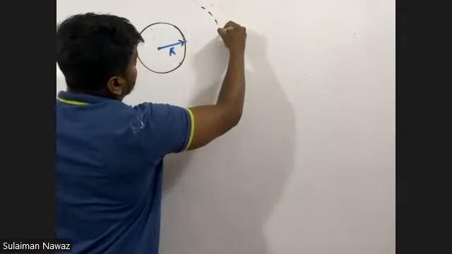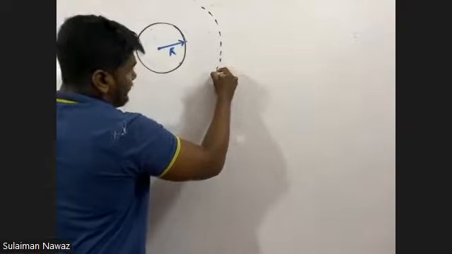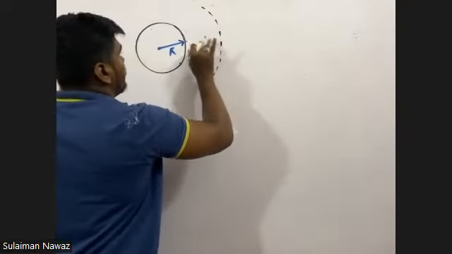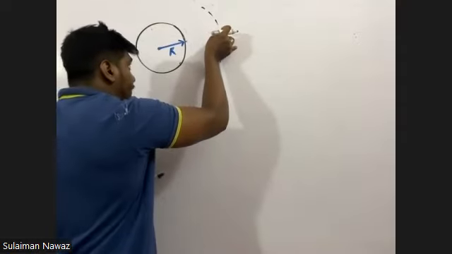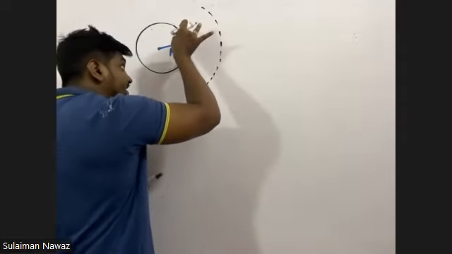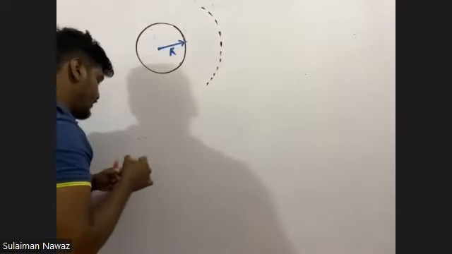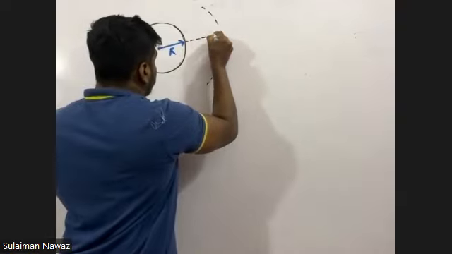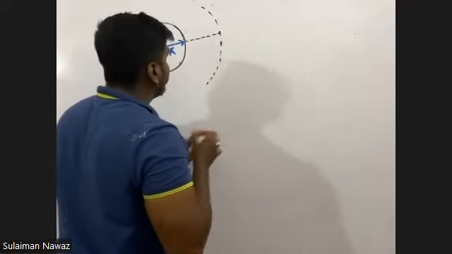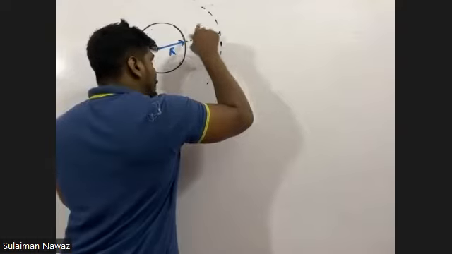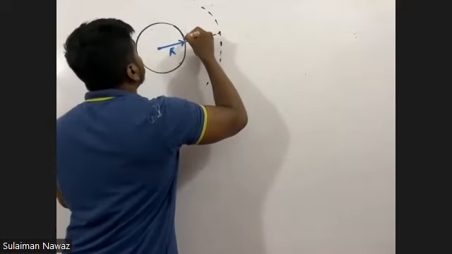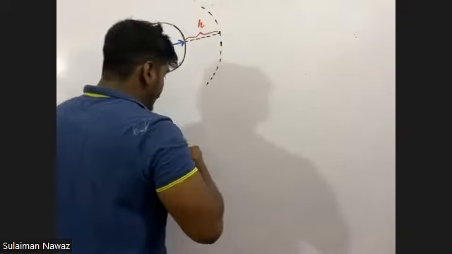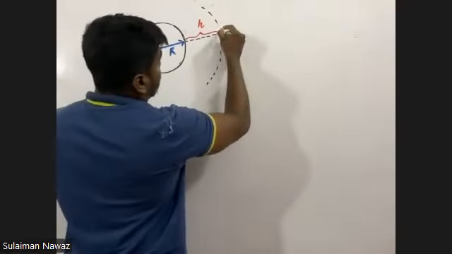The distance to the orbit from the surface of the Earth, let's say simple h. Now here is our satellite.